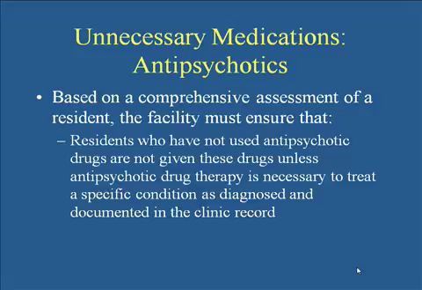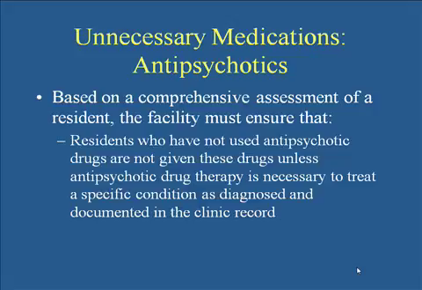I can remember back in the mid-'80s when I really started this, it was fairly common to have a large percentage of residents in nursing facilities on an antipsychotic of one form or another, some of which were even very, very inappropriately used and really considered more what we would call today chemical restraints. So the antipsychotics have been regulated for a long, long time. And I think most of us are aware of most of the regs, but I will go through them today for completeness.